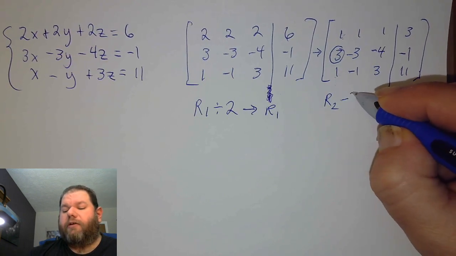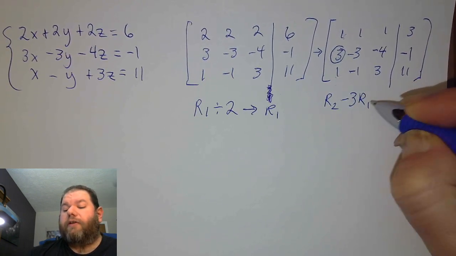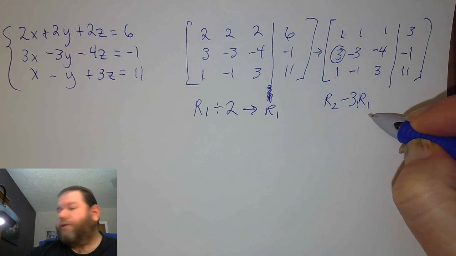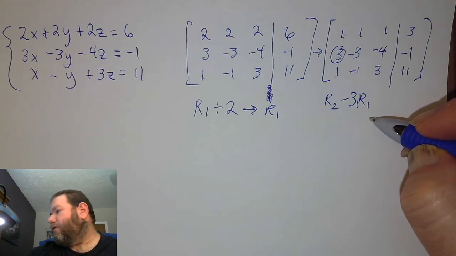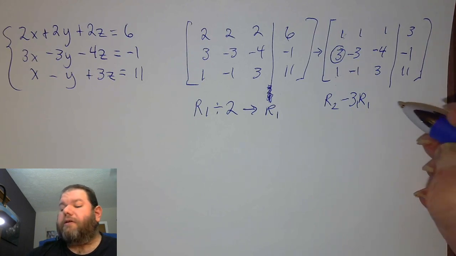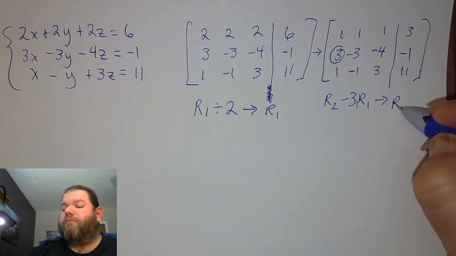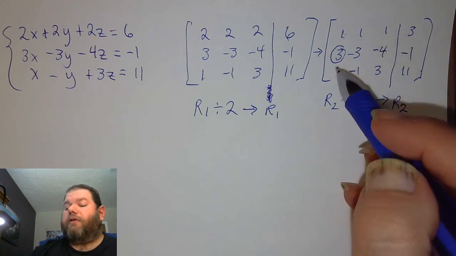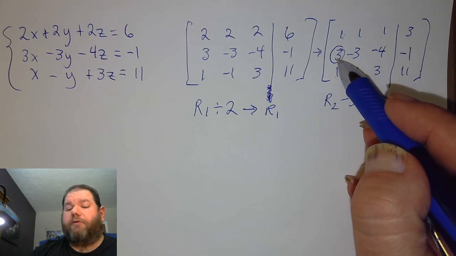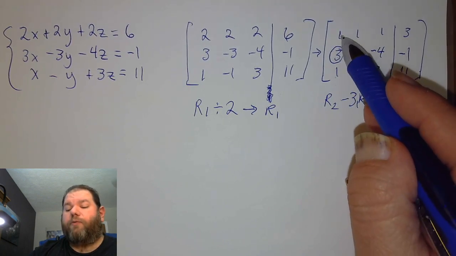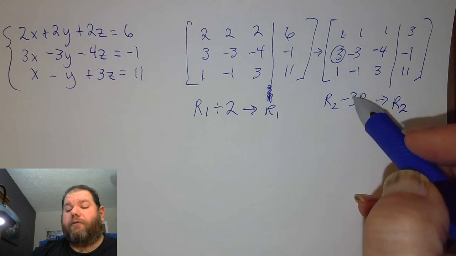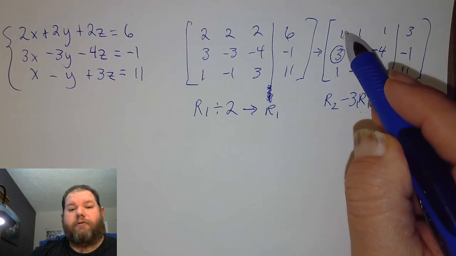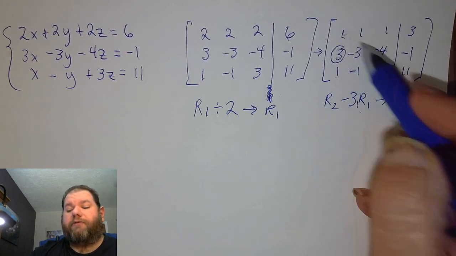So if we take row 2 and subtract 3 times row 1, then we'll replace row 2 with that result. So we have a 3, and we want to make it a 0, so if we take 3 times this row, that'll give us a 3, and then 3 minus 3 would make that a 0.